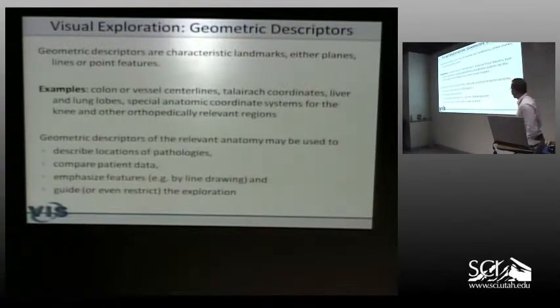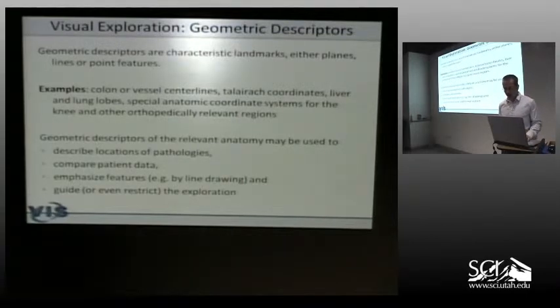So geometric descriptors might be used to describe the location of pathologies, also to compare different patient data. They may be used in order to emphasize. If I know that this is an important landmark and I could detect it automatically, then I can change the visualization at this region. And what I find the most important is to guide the exploration.